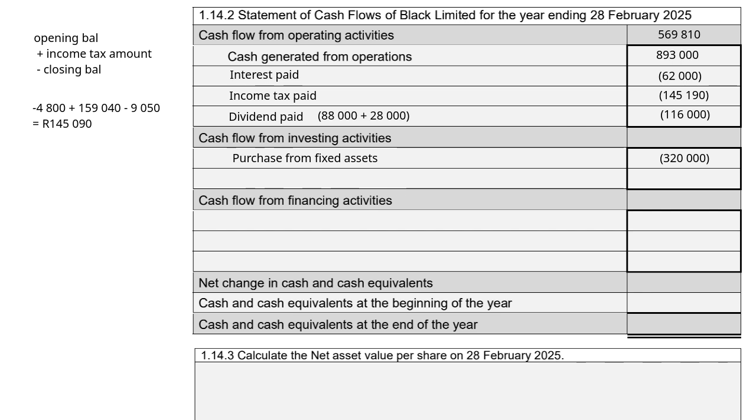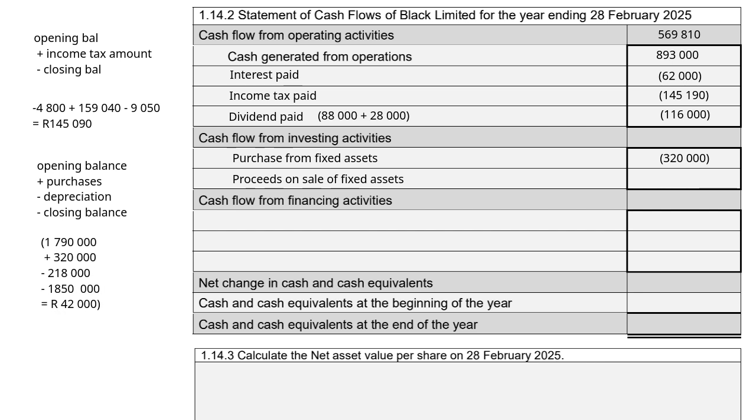Proceeds on sale of fixed assets. We start with a basic calculation on the side. Remember, it's your opening balance plus any purchases minus your depreciation minus your closing balance. So if we go back to the information, our opening balance is 1,790,000.